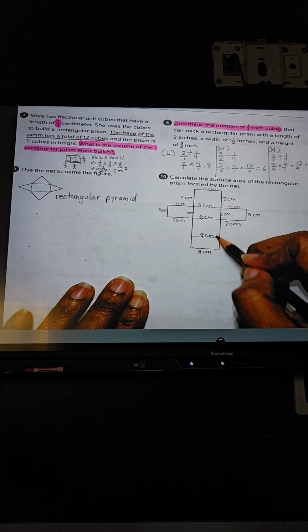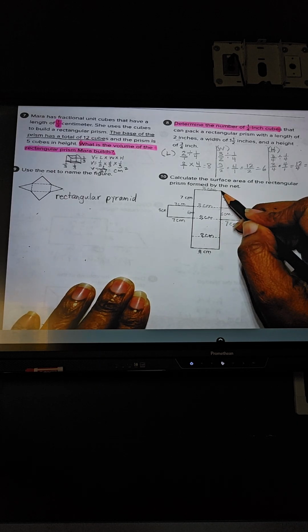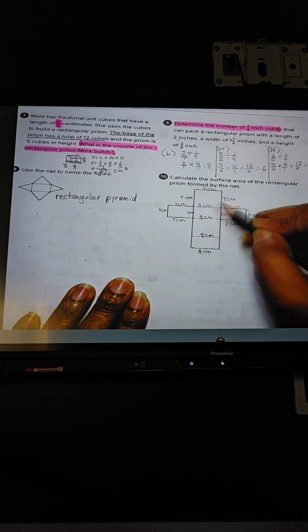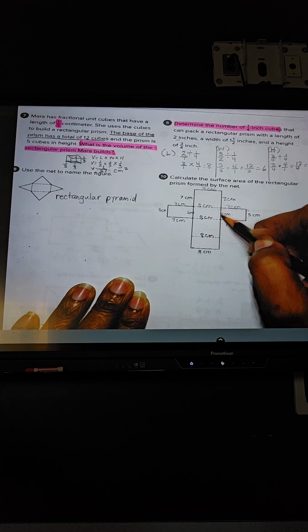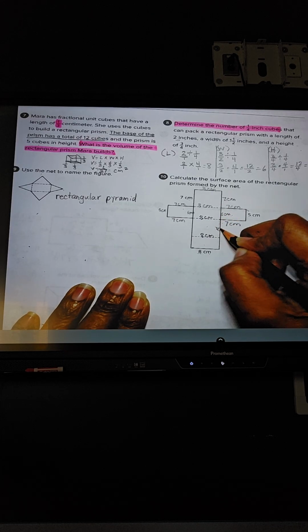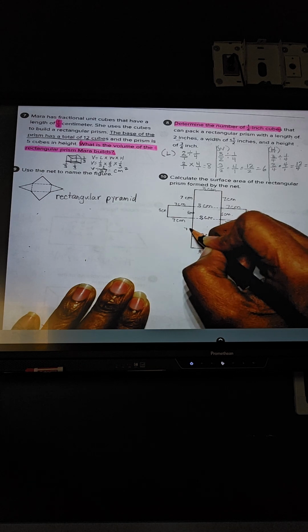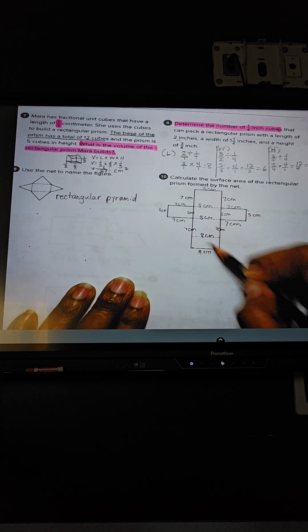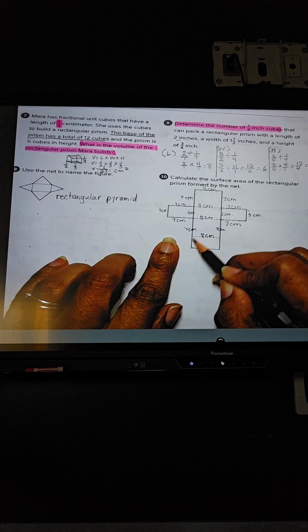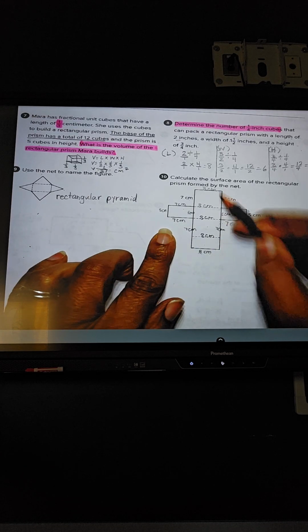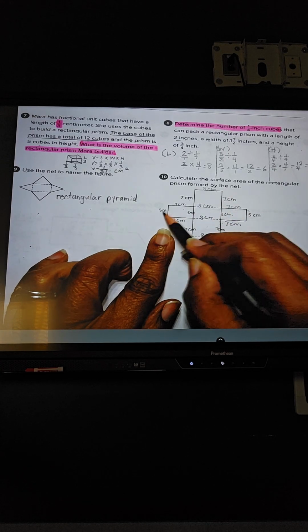Okay, now we find the area. Well, no, stop. One more thing. We got to make sure this side as well. If I'm folding the box up here and I'm folding this part up, they have to be the same. So that means this is 7 centimeters, this is 7 centimeters, and this down here, it's the top of the box. So this side folds up, this side folds up, this side folds up, this side folds up.